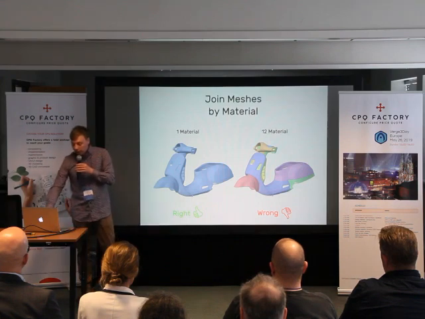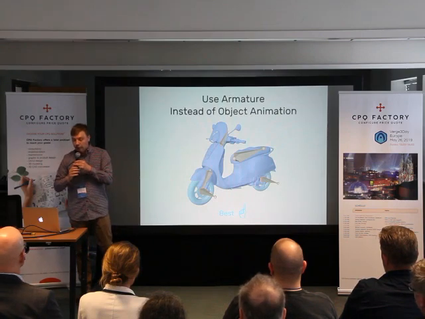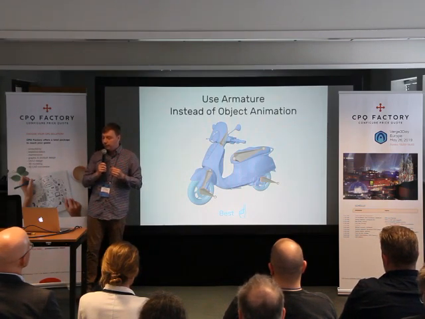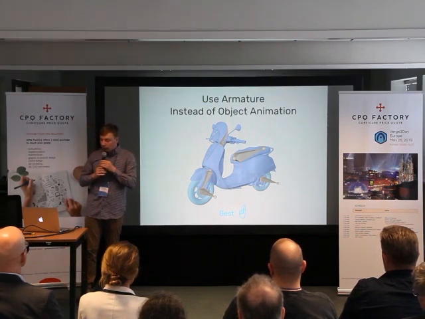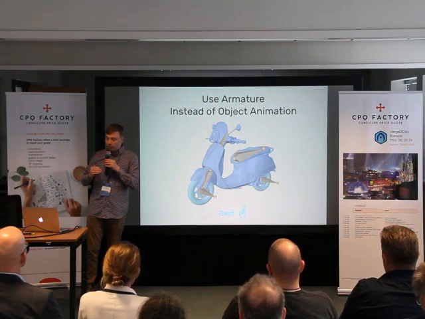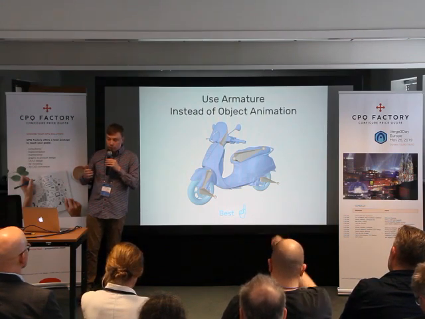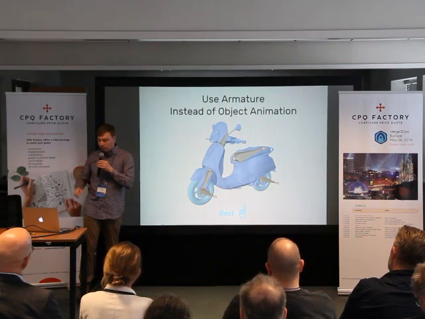Of course, if you need to add some animations for this, you can use an armature instead of object animation. This will allow you to keep the object solid and better control the animation.